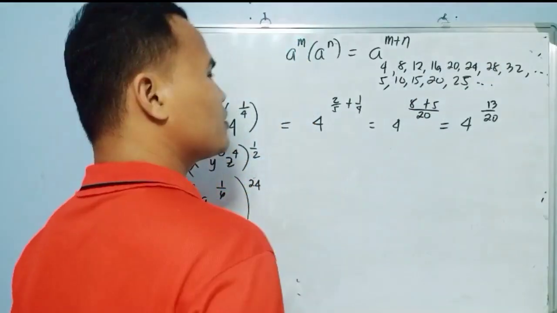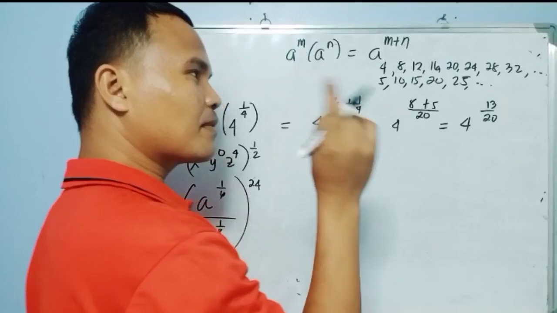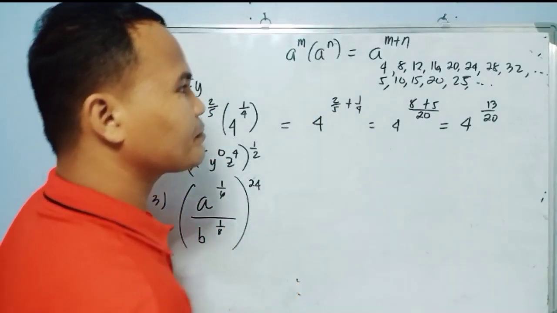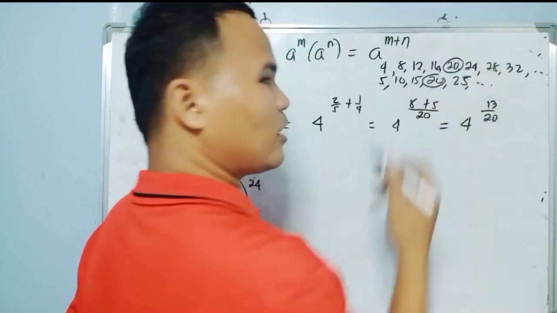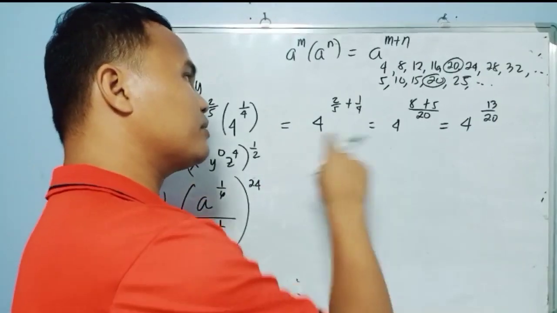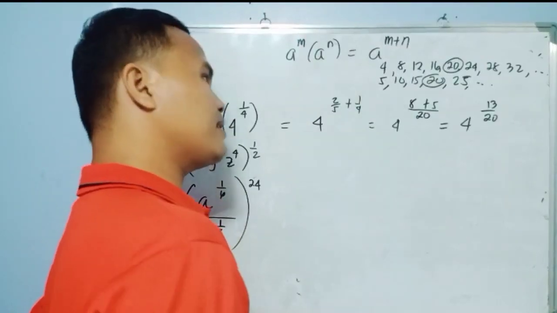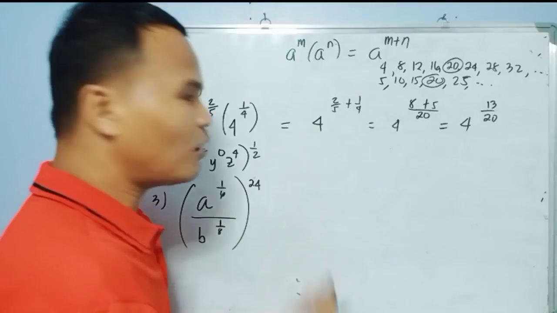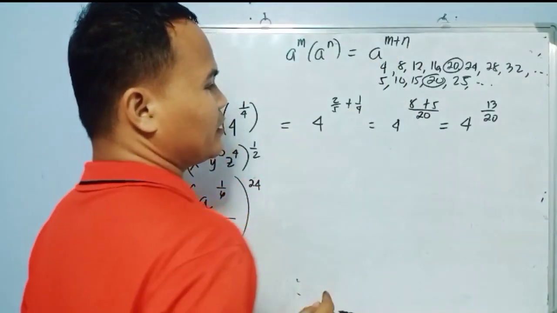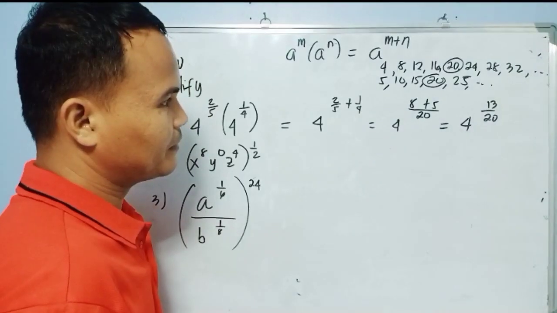Among these two multiples of 4 and 5, which is the smallest common one? 20. That is the least common multiple, and we call it the LCD here because 4 and 5 are denominators. Since 20 is the least common multiple of 4 and 5, the LCD of 4 and 5 is 20.